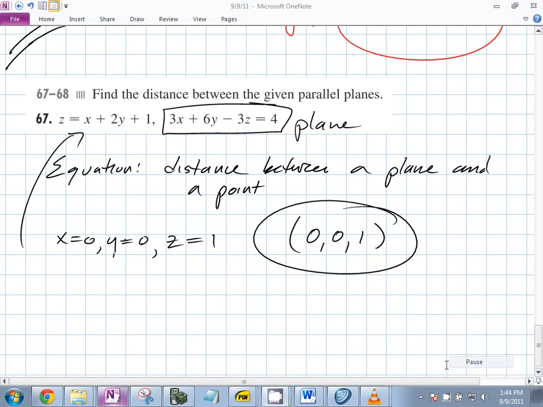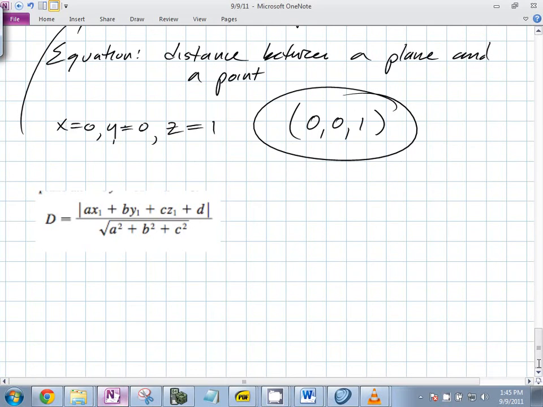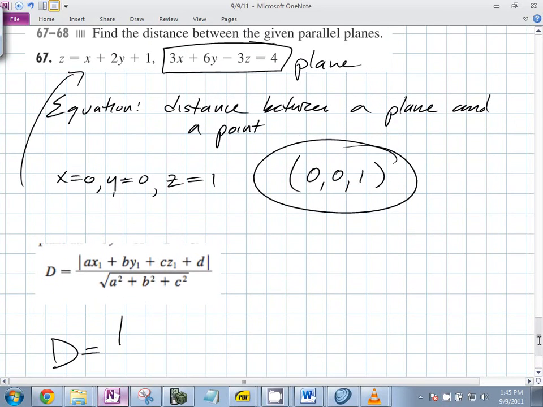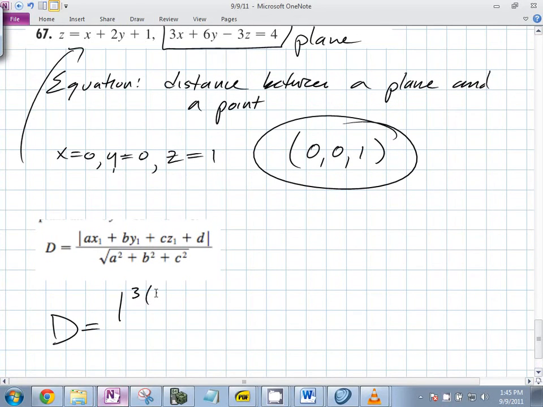Okay, so now is it just plug in stuff? Yeah. So what do we have here? We have distance is going to be, what is it? 3 times 0 plus 6 times 0 plus 1 times 1. Negative 3.